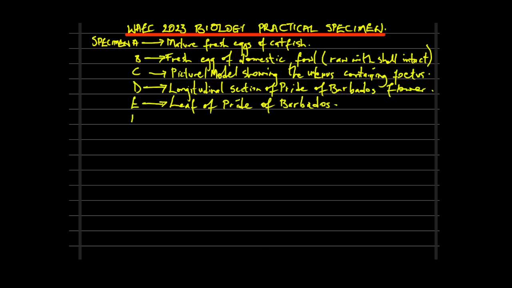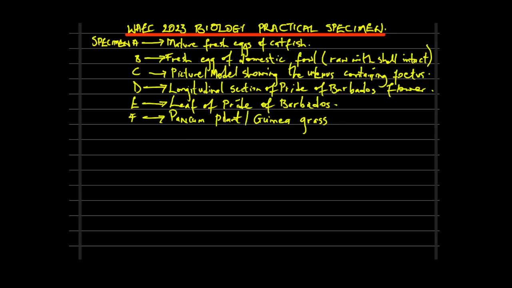And for our Specimen F, we shall be having the Panicum plant, popularly known as the Guinea grass. That is our Specimen F. So we'll be needing the whole Panicum plant or the Guinea grass for our Specimen F.